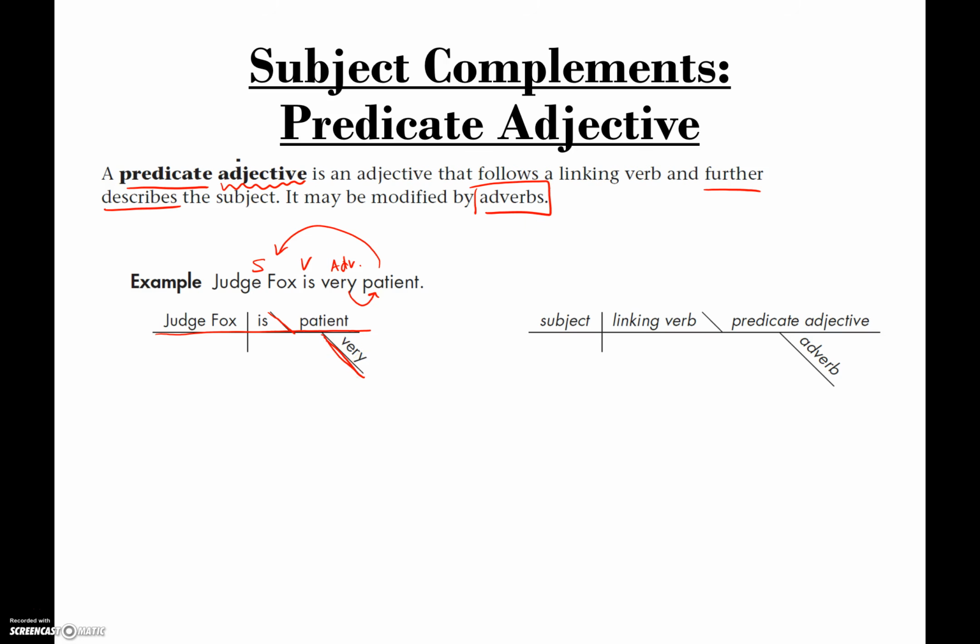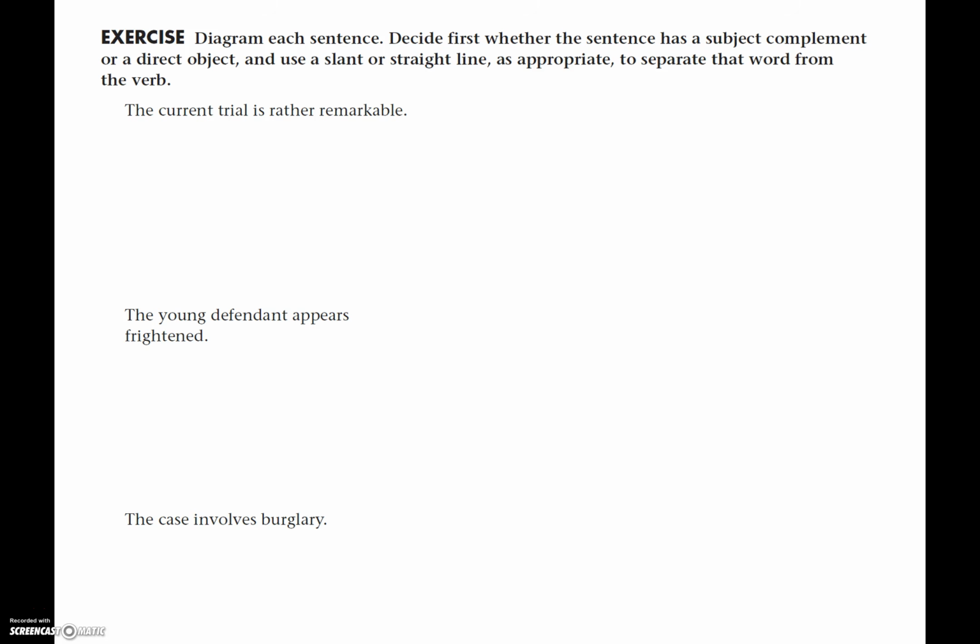Notice that these two types of subject complements, the predicate nominative and predicate adjective, are diagrammed exactly the same way. Why don't you try these two or three? Be careful that you're looking for complements versus direct objects because that's an easy thing to mess up. Remember your slanted line versus your straight line for your direct object.